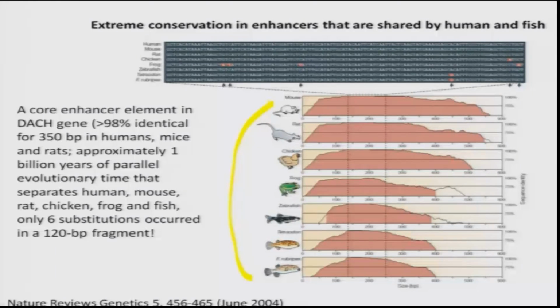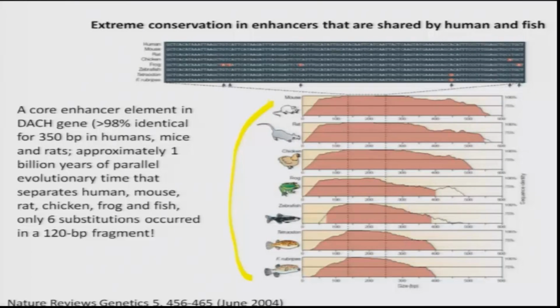Therefore, there is no constraint on protein sequence, but it is purely the base sequences, which is 98% identical for 350 base pairs in humans, mice and rats, approximately 1 billionth of parallel evolutionary time that separates human and other fish. You find that this 220 base pair fragment remained frozen, they did not change at all.